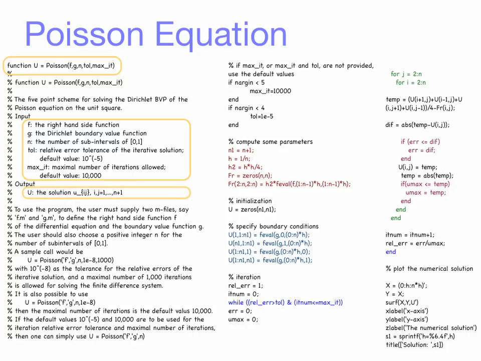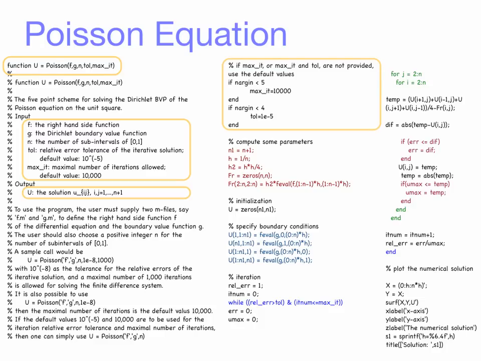And then this MATLAB function will calculate the solution at all the points, including the interior points and the boundary points, fill an array u sub ij with the correct values, and send it back outside.